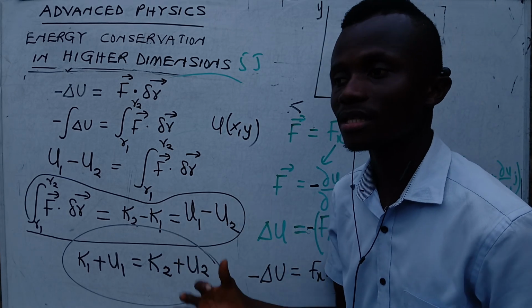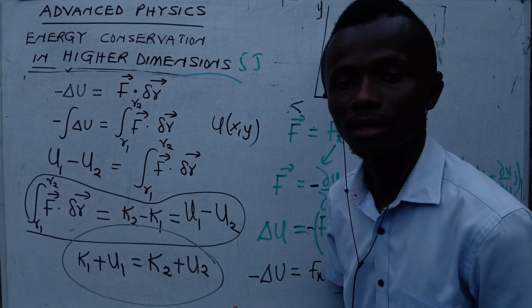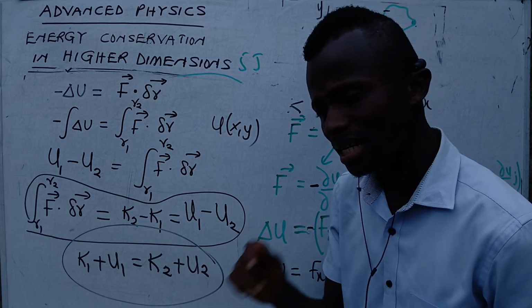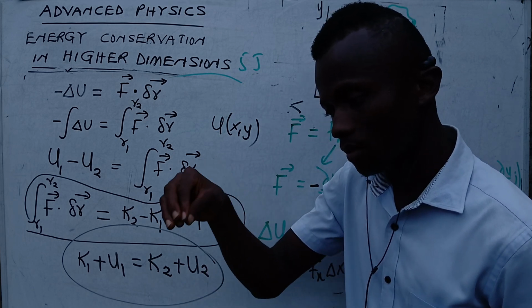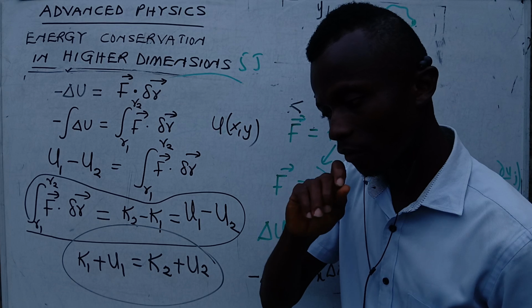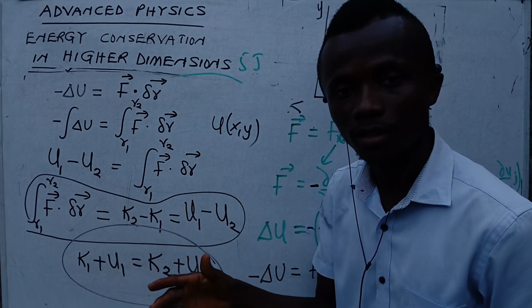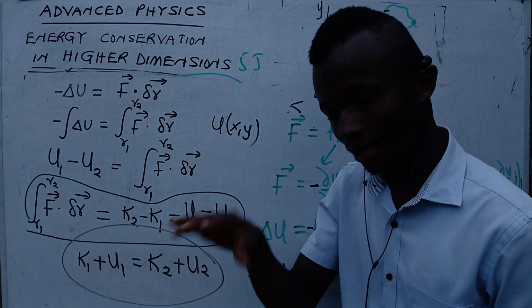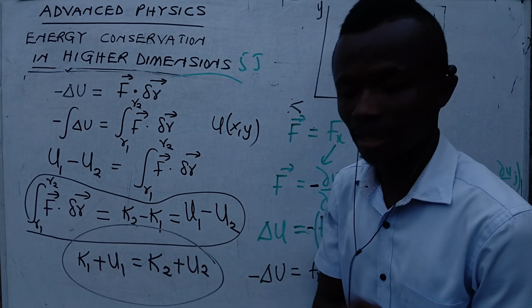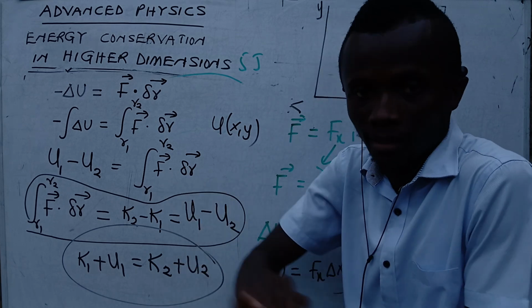Now all the forces nature presents, apart from friction, in fact friction, a deep kind of analysis of friction is an average force. In a deeper sense, friction is an electromagnetic force. There are charges repelling each other.